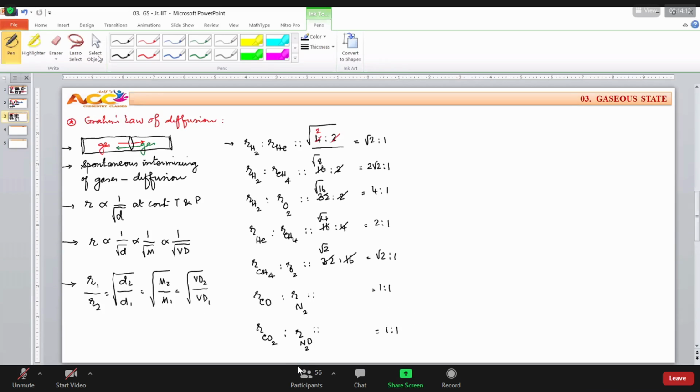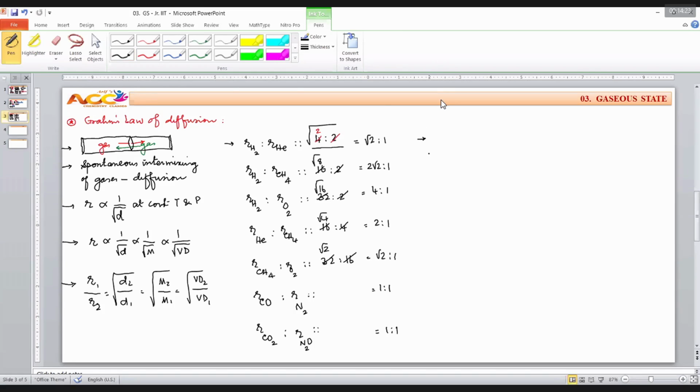Very good. Come on. Now the question is, if you are discussing rate of diffusion, first of all, let me try to enjoy the mathematical meaning. Theoretical meaning, you understood how fast they are moving. Sir, I want to enjoy the mathematical expression of rate of diffusion.